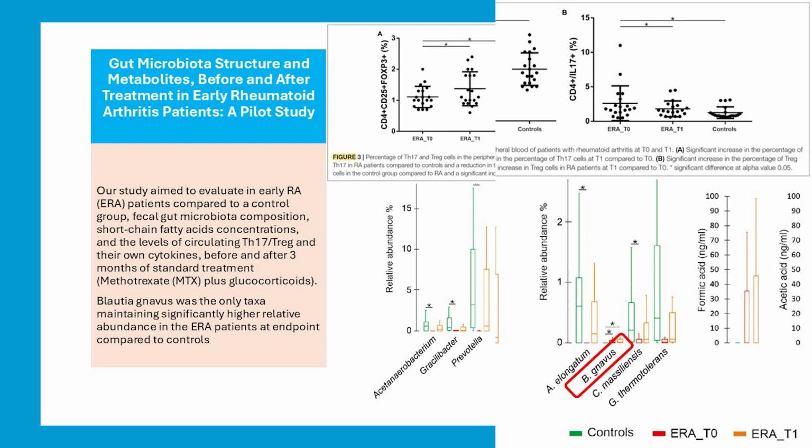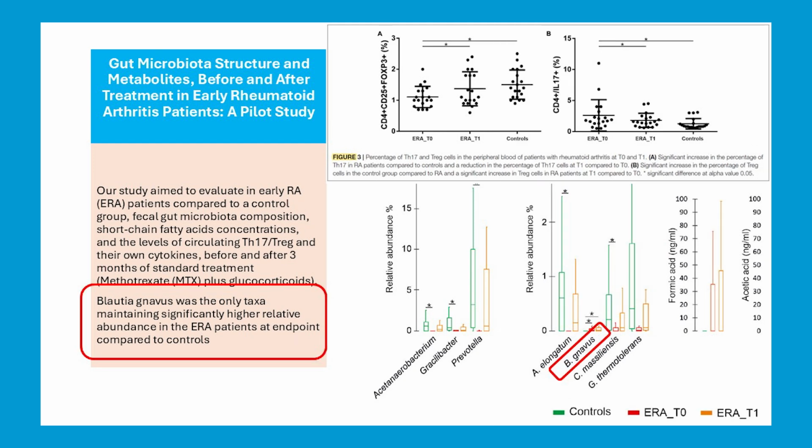So when we read the remarks of the authors like, quote, "Blautia navis was the only taxa maintaining significantly higher relative abundance in the ERA patients at endpoints compared to controls," end of quote, we know that it's actually the classic bad guy, R. navis.